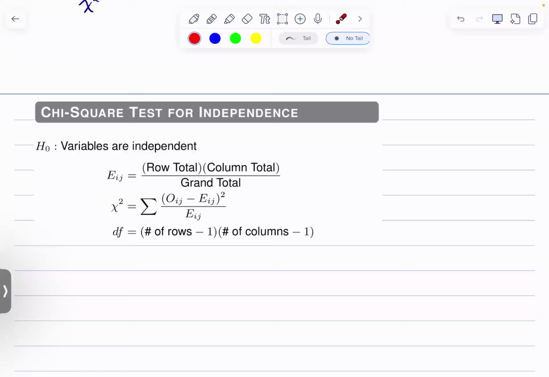There are no confidence intervals because it's not symmetric anymore, so it doesn't make sense to build an interval, but we do hypothesis testing. Now the null hypothesis is that the variables are independent, which implies we have 2 categorical variables.